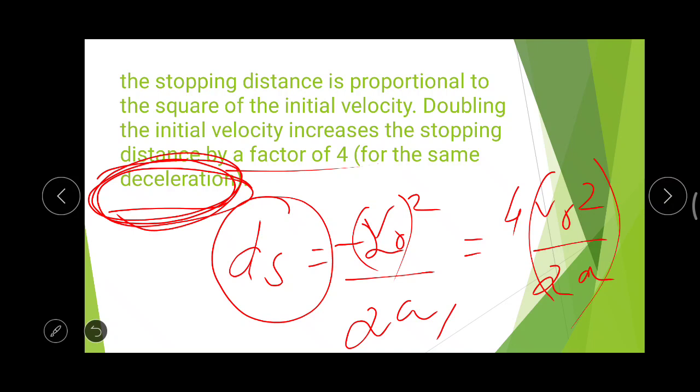You should write the derivation of the kinematic equations using the calculus method in your notebook, and also the free fall and the stopping distance, you should write these two also in your notebook. Okay, thank you.